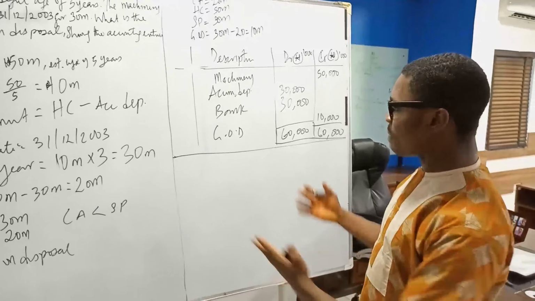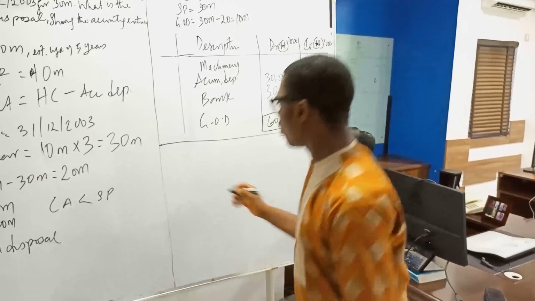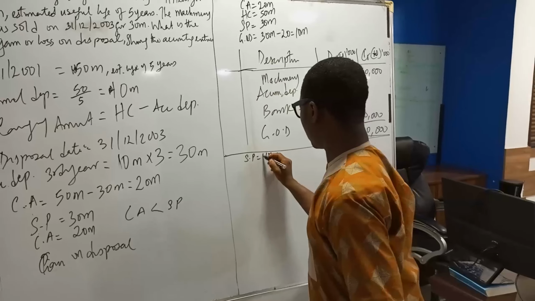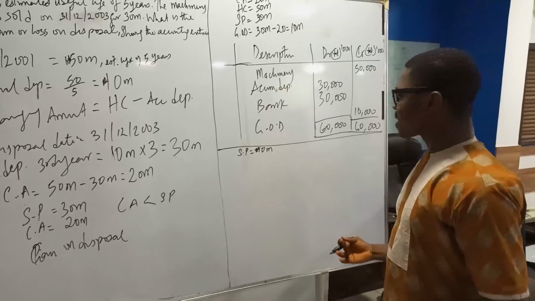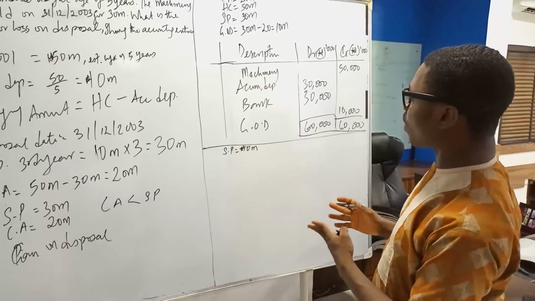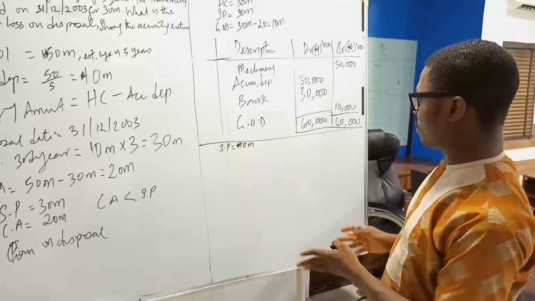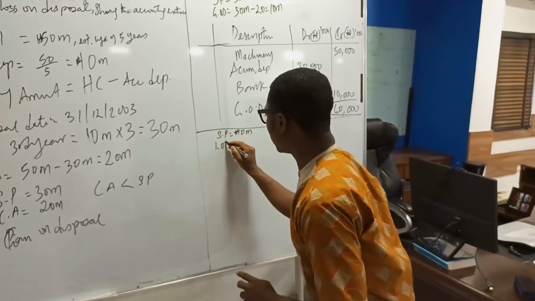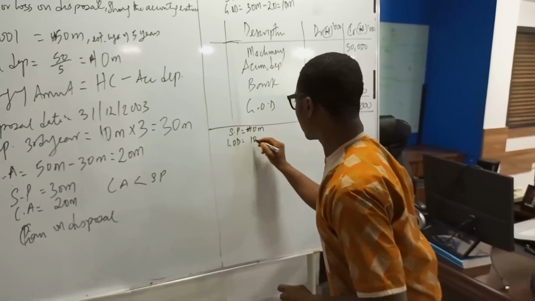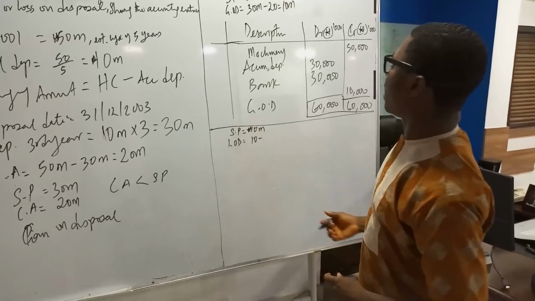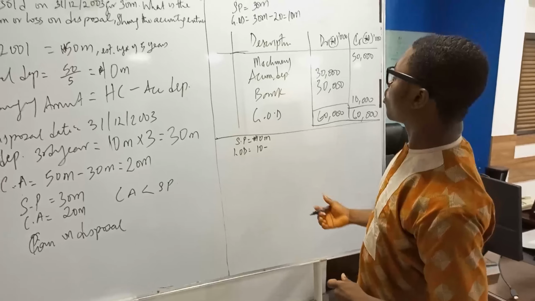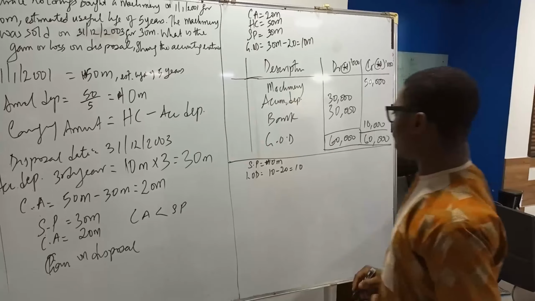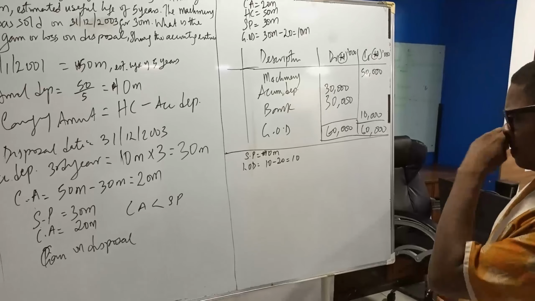Let's assume the machinery was sold for 10 million naira. Sales proceed of 10 million naira. This would mean that the sales proceed of 10 million naira will lead to a loss on disposal. On disposal, sales proceed minus the carrying amount as at the day of disposal, which is 20 million naira, will give us a loss on disposal of 10 million naira.